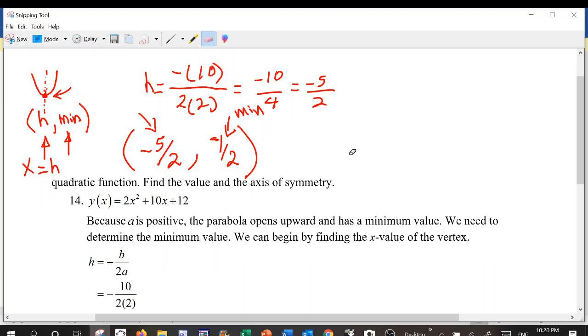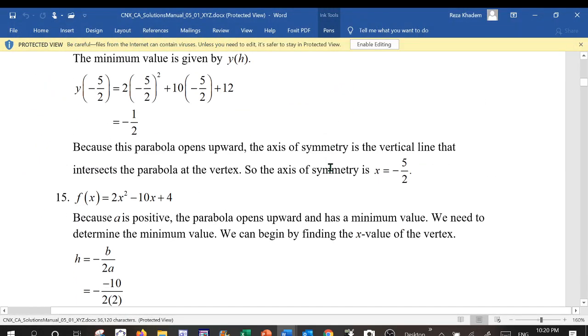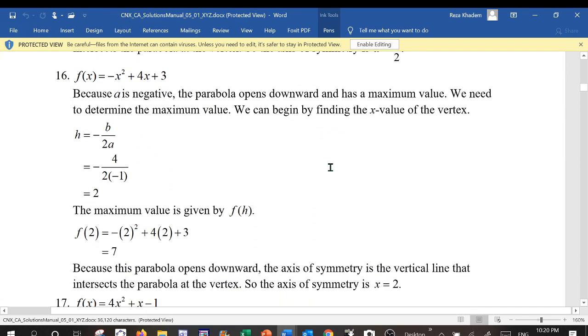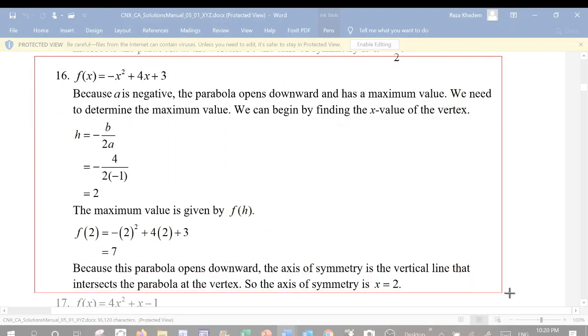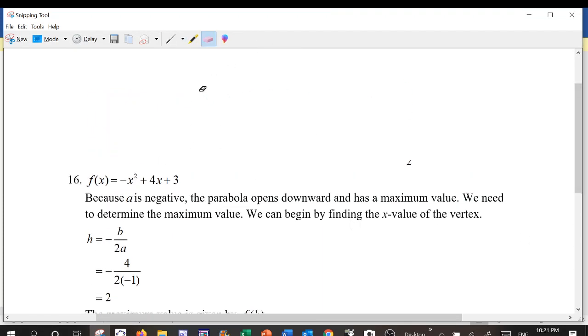All right, so let's do a few more of these. What about number 16? Well, the same thing. Oh, we didn't talk about the axis of symmetry. The axis of symmetry on the previous one was just x equals negative 5 over 2. Now for this one, we see first that a is negative.